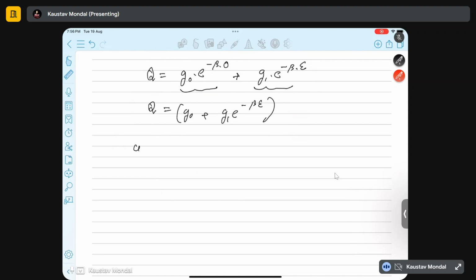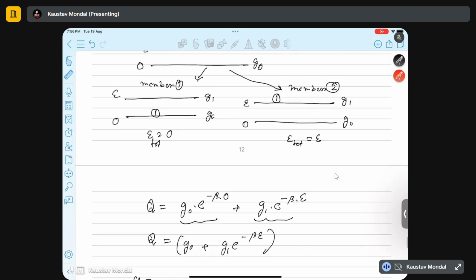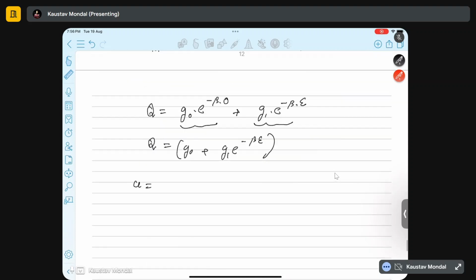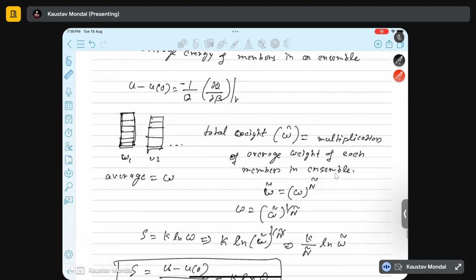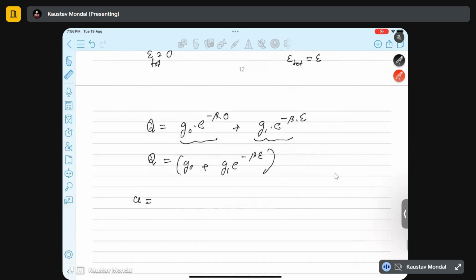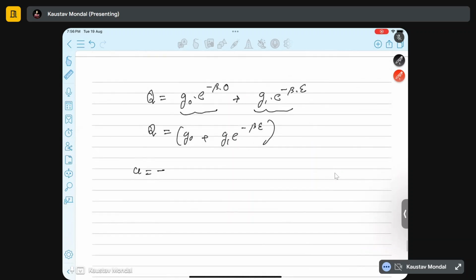So now you can easily calculate the internal energy. What is the expression of the internal energy? Minus 1 by Q del Q by del beta, right? So in this case it would be 1 by G0 plus G1 e to the power minus beta epsilon.